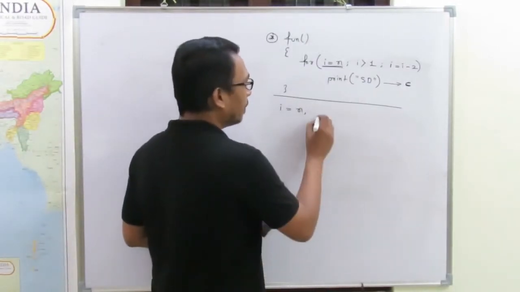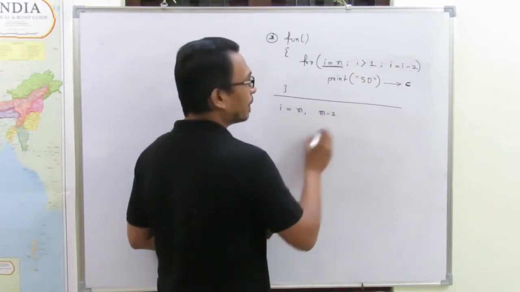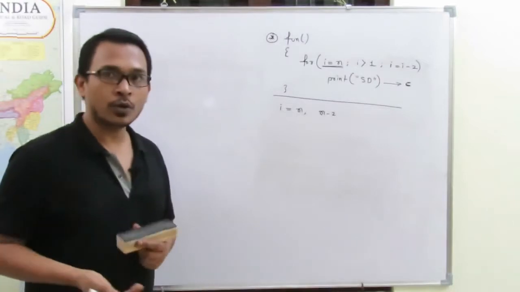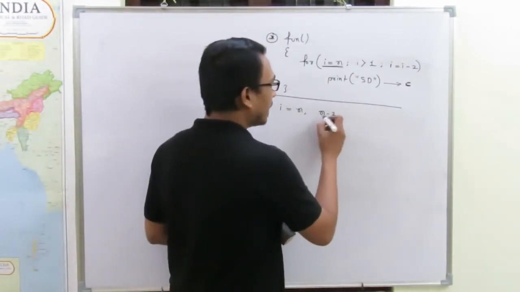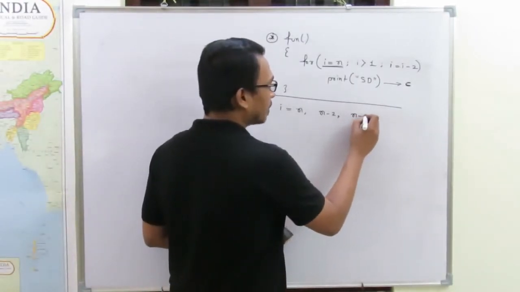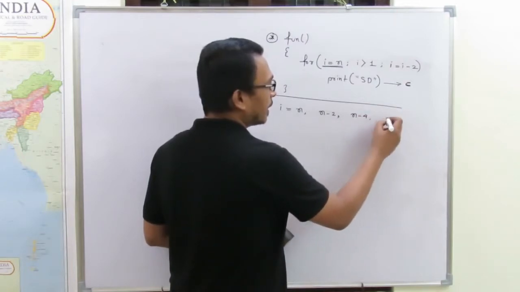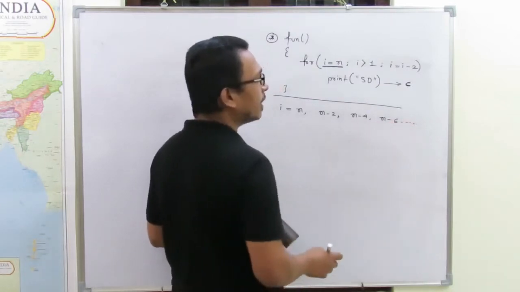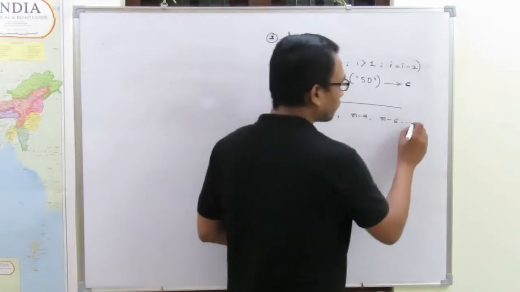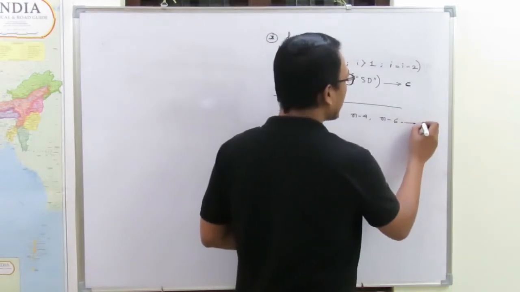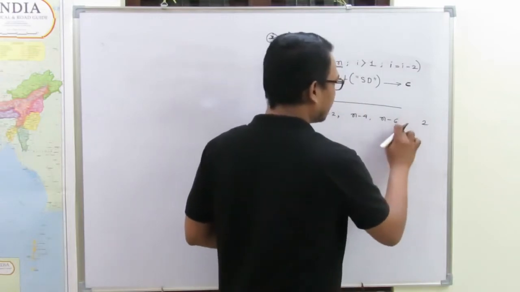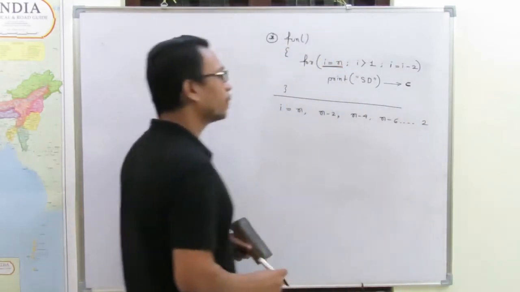The next value will be n minus 2, because each time the value of I is decremented by 2. After that the next value will be n minus 4, then n minus 6. Like that it will continue till 2. Clear?